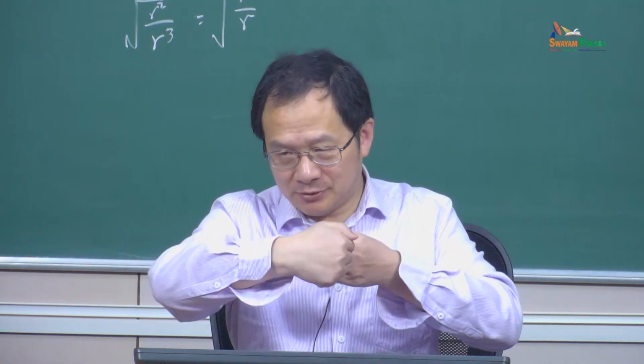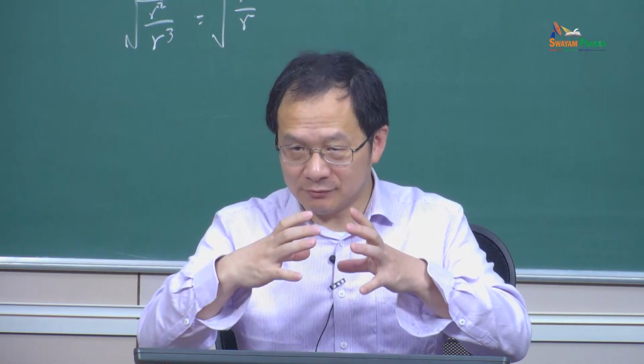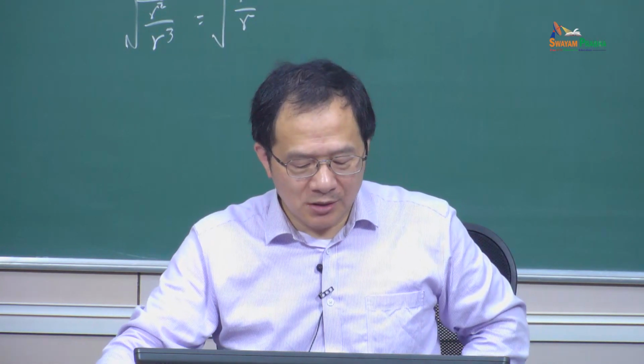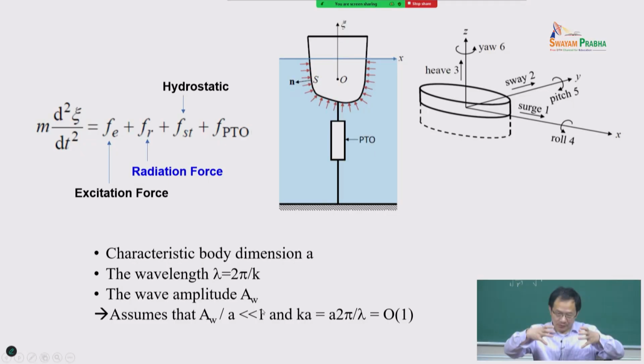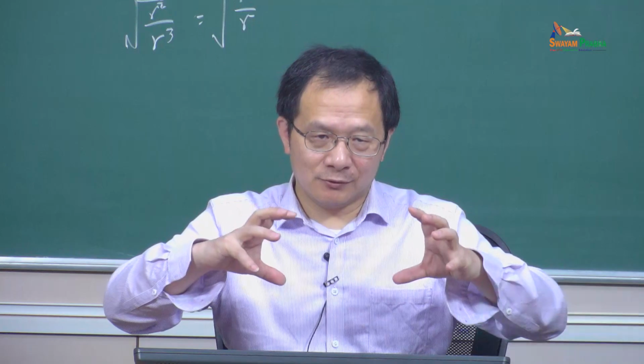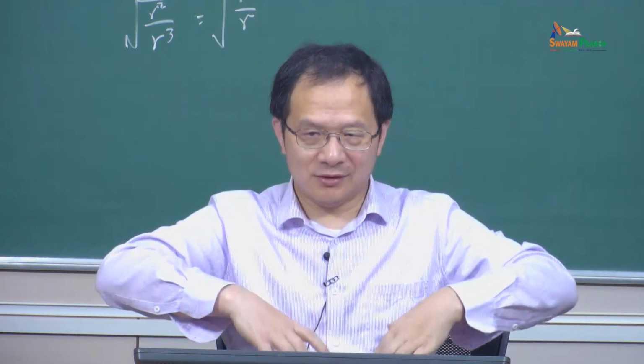It doesn't matter whether the wave comes from this direction or that direction; it is one point. So we assume the dimension is small, and the amplitude is small compared with the geometry, because you don't want the buoy moving too far into the air.